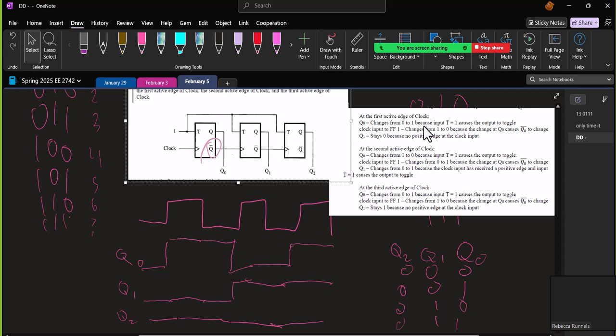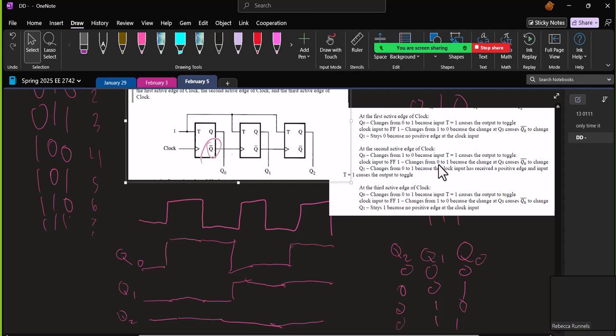So on this one, I probably would say the clock input to flip-flop 1 went from 1 to 0, and so that was not an active edge for that one. And then Q1 stays 0 because no positive edge at the clock input. And then it describes what happens on each one.